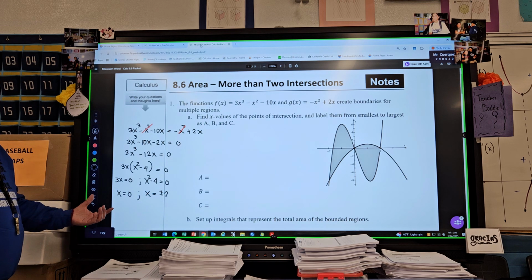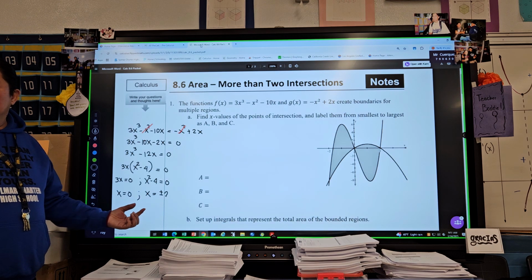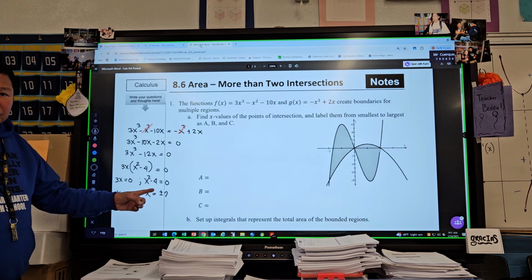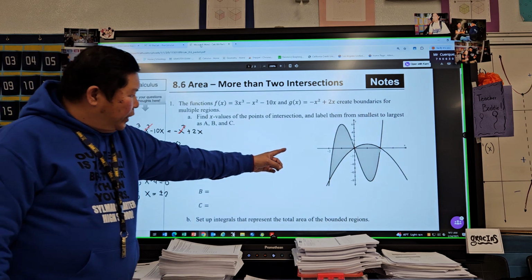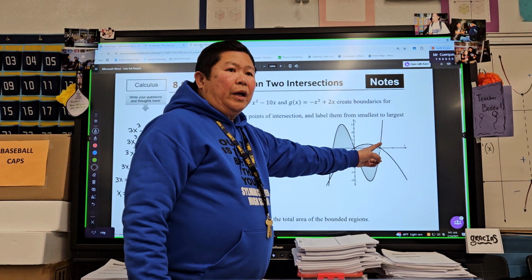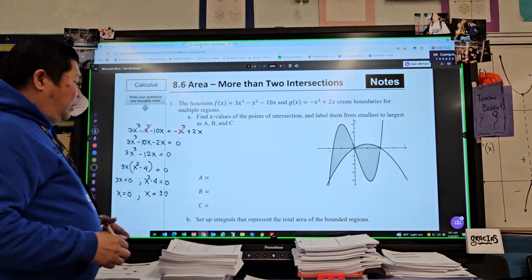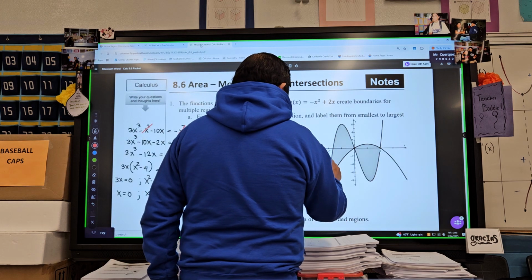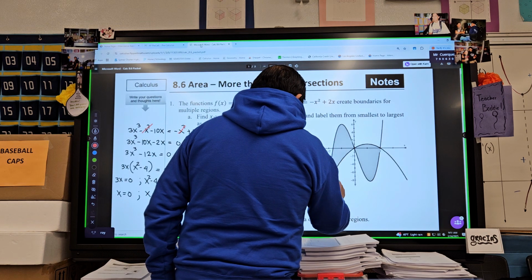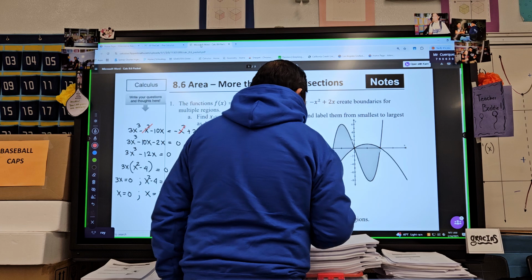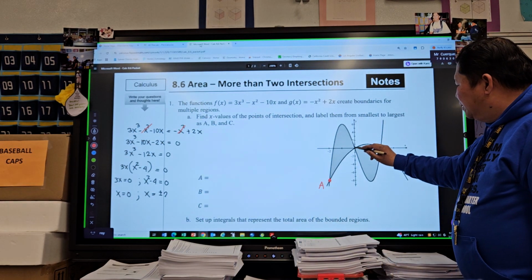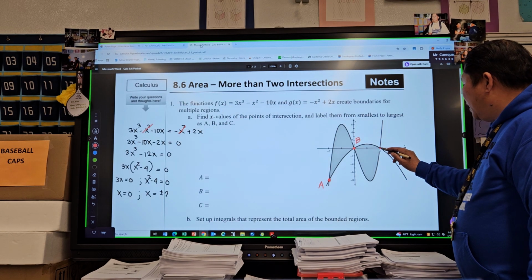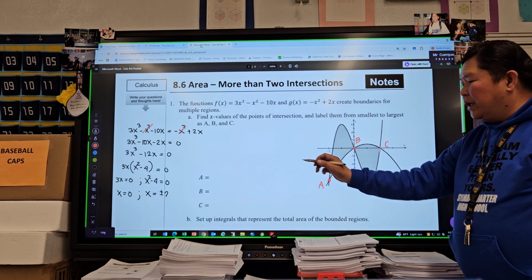Get me? So there are 3 intersections, right? Negative 2, 0, and 2. So we're gonna be writing this negative 2 as our A. This particular point is point A, this intersection is B, and this intersection is C. So we're gonna be writing the value now.